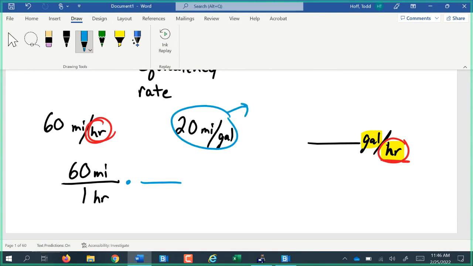That rate is implying an equivalency. 20 miles per gallon is implying that in this situation, 20 miles is equivalent to 1 gallon of fuel consumption. So we can use that to create our conversion factor. We want to keep the hours because we want those in our denominator. We do want to get rid of the miles. So I'm going to put miles on bottom in this conversion factor, my unity fraction.